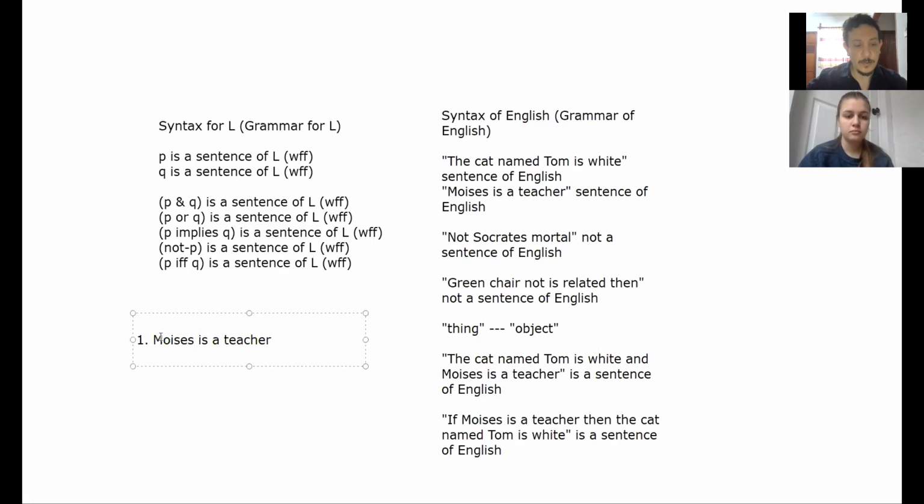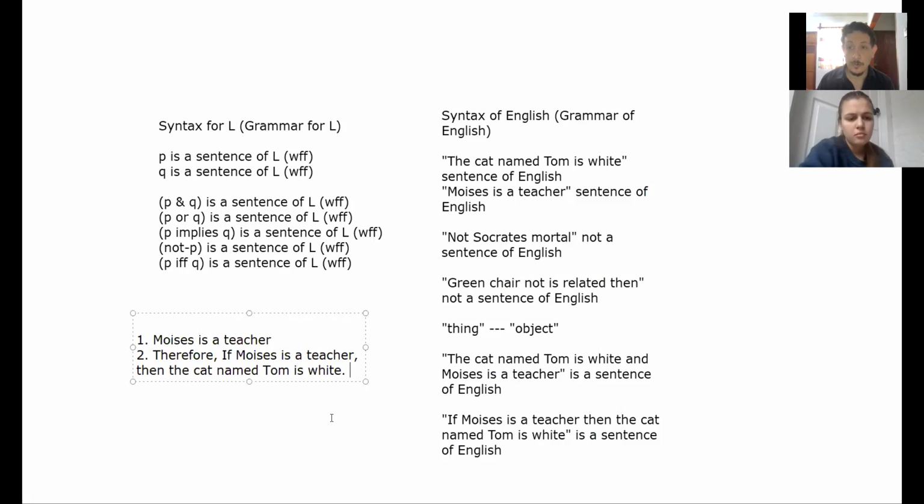And then you have as a conclusion, therefore, if Moises is a teacher, then the cat named Tom is white. Without doing any detailed analysis of this argument, it just looks highly implausible that that conclusion follows from that premise.